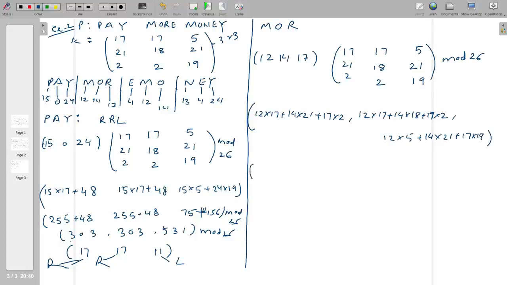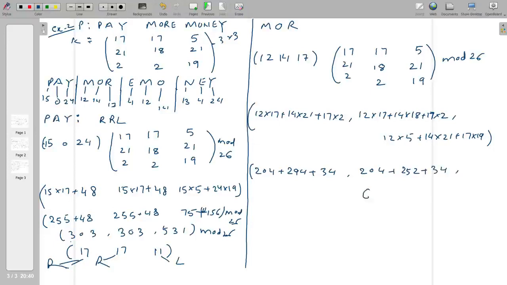So 12 into 17 is 204, 14 into 21 is 294, and 17 into 2 is 34. 12 into 17 is 204 again, 14 into 18 is going to be 252, and 17 into 2 is 34 again.